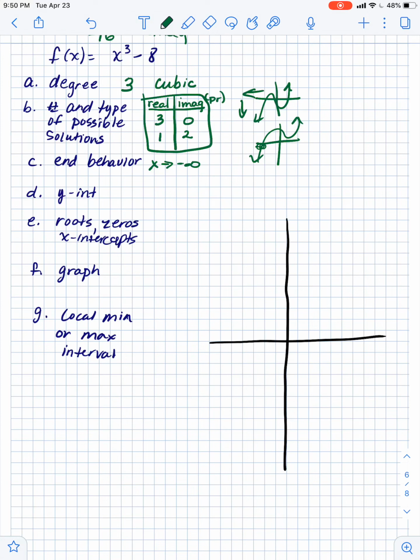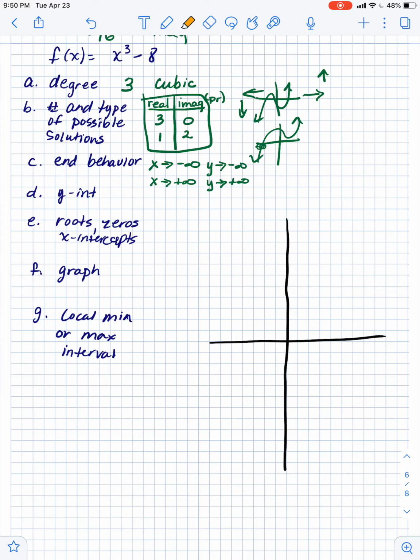Well, it's going down. So as x approaches negative infinity, y approaches negative infinity also. Our next is as x approaches positive infinity. In other words, as x goes this direction, what's your y doing? And we see it's going up. So y approaches positive infinity. Okay, so those are my end behaviors.